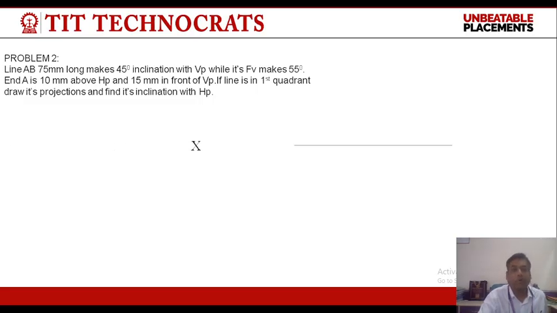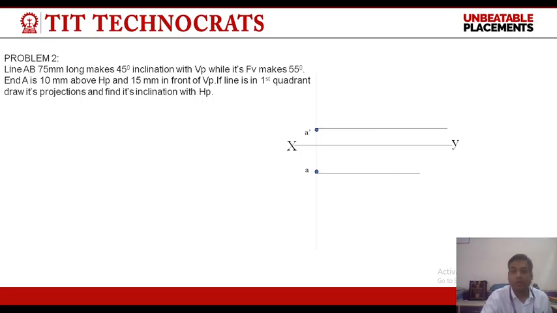The position of point A is given, so we will start by drawing a line XY and marking point A, which is 10 mm above HP and 15 mm in front of VP. Now we will consider the line to be parallel to both the reference planes. Okay, like this.